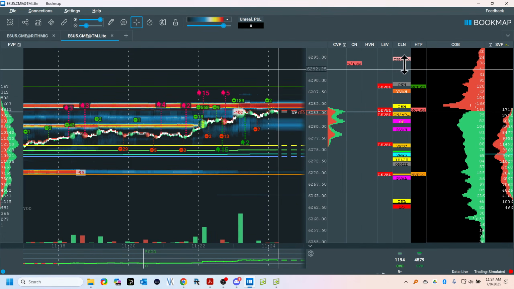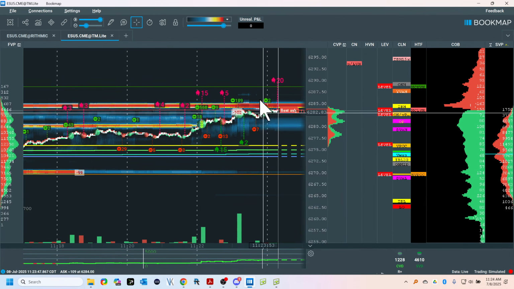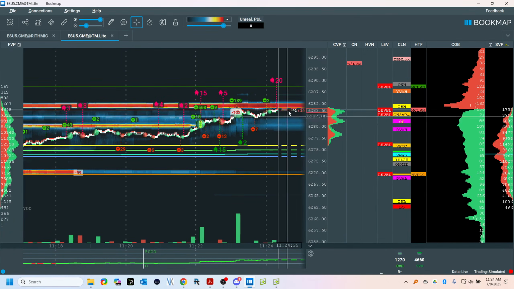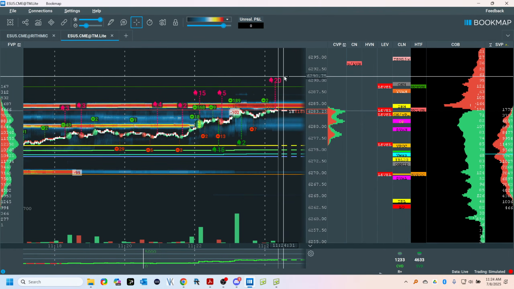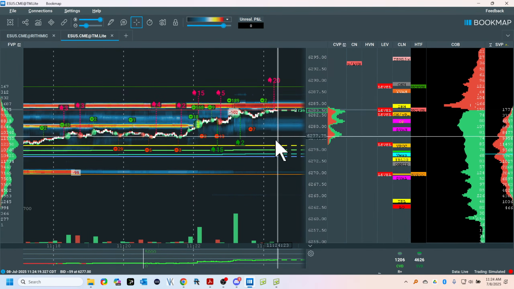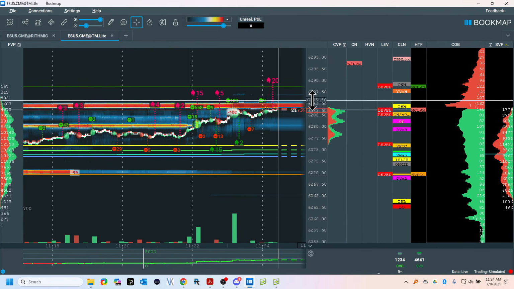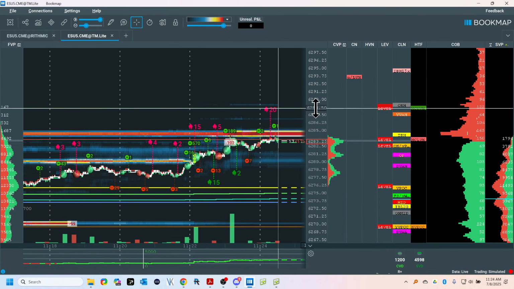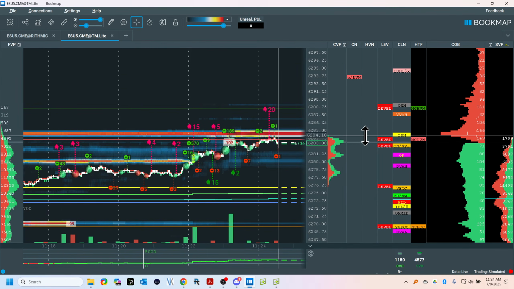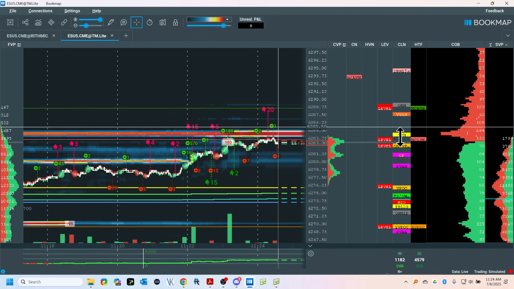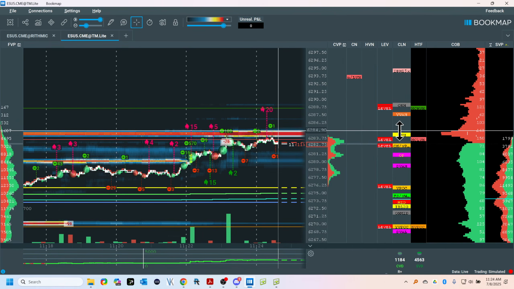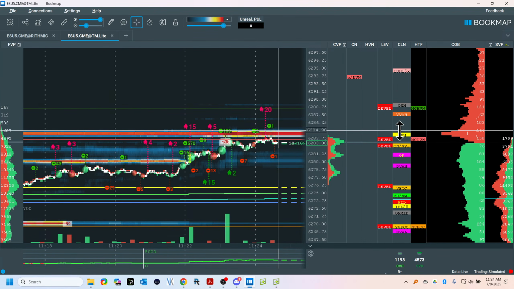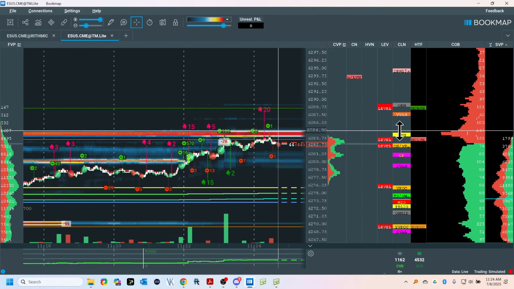If I come out here and I get selling, and if I can break below this, it might set up another reversion short back to here, but we have to look at the behavior. So let's just zero in on this and see what the behavior is. The idea of this is to get above here. Let's see what it does.